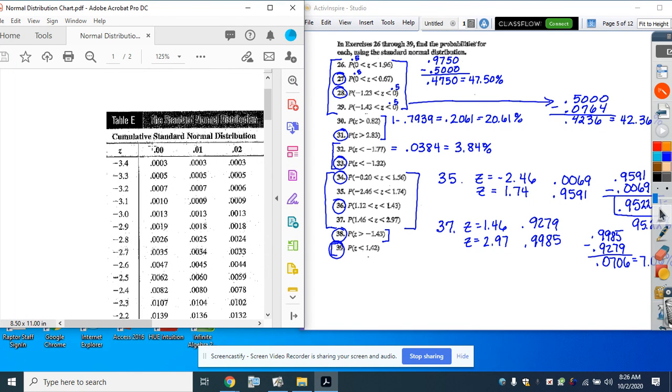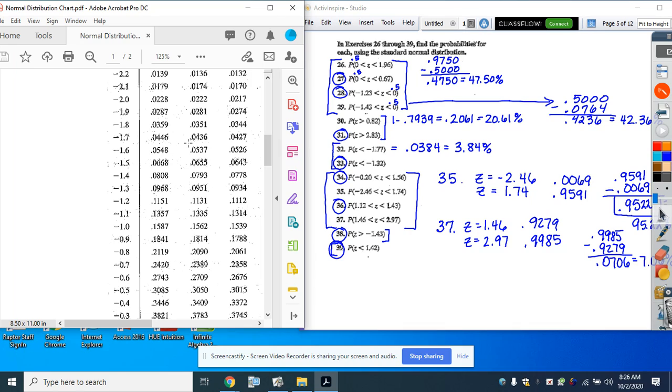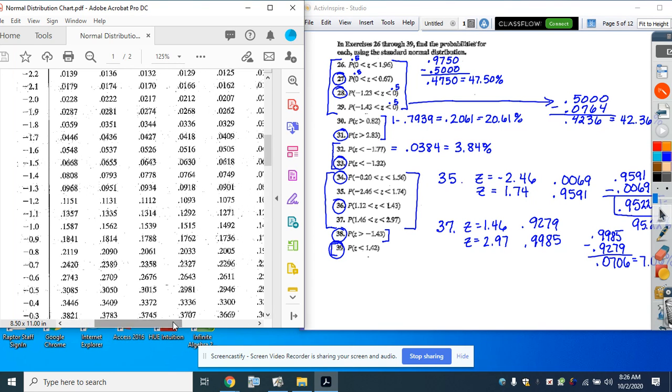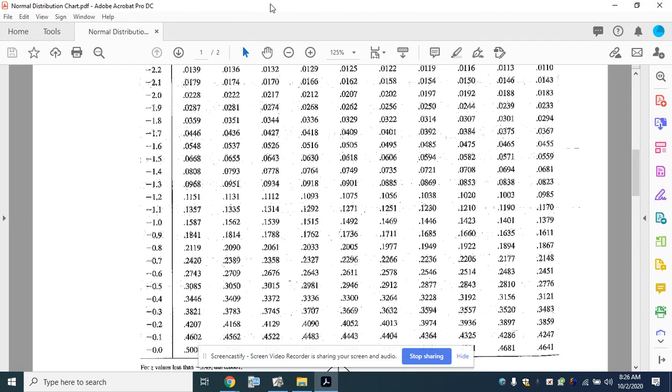Scroll back to your negative, and I need negative 1.7. Then I'm going to scroll over to my 0.07 column on my chart. Counting over, that's 0, 1, 2, 3, 4, 5, 6, 7. So my answer will be 0.0384.